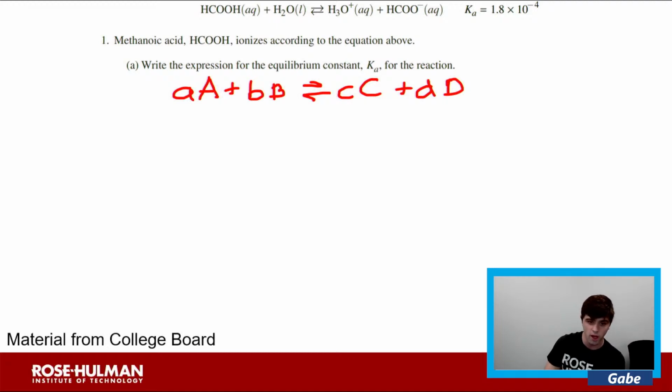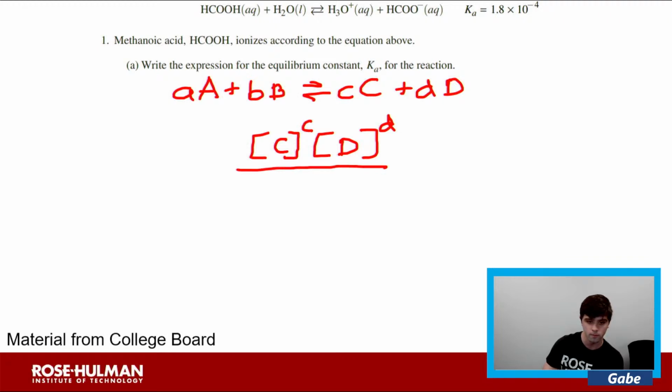When writing the K expression, we represent it as the bracket of C raised to the lowercase c power, times D to the lowercase d power, and that is all over A to the lowercase a power times B to the lowercase b power.